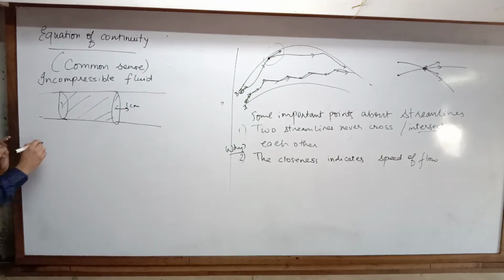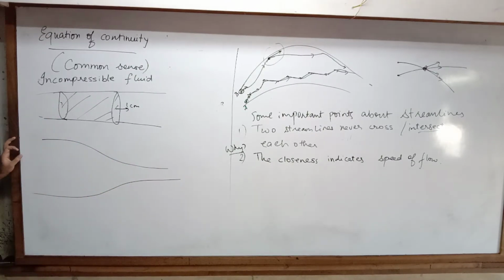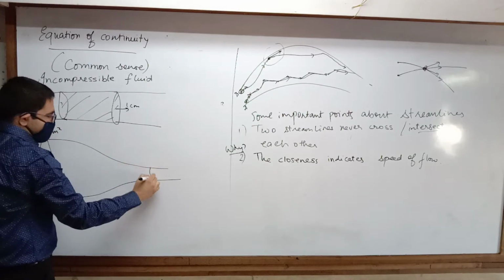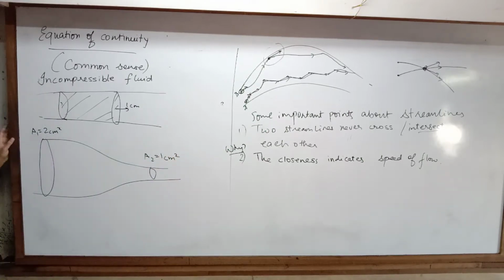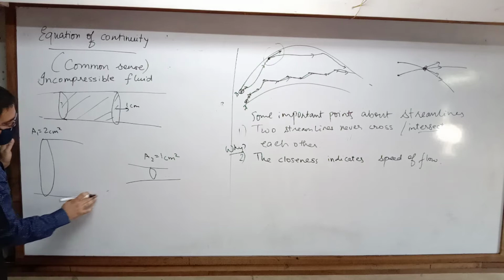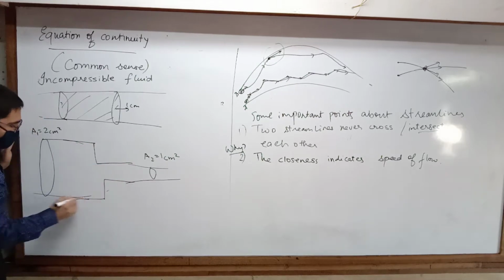Let's twist this. Let's say this area here is, for example, 2 centimeters squared, and this is a narrow part whose area is 1 centimeter squared. Actually, I don't even want to make it curved. Let's make it like this, so that the maths remains extremely simple.